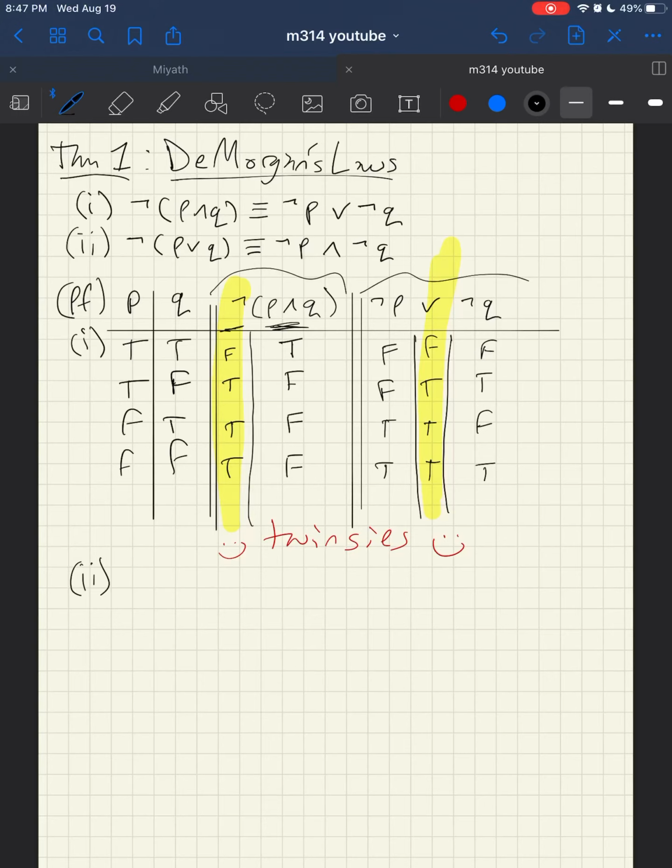So let's translate the left-hand side of part 2 into English.